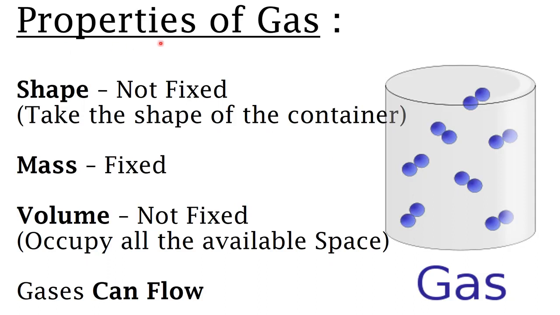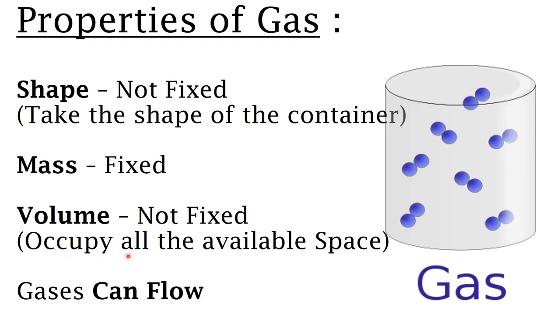Finally, properties of gas. Students, gases do not have a fixed shape. Like liquids, they also take the shape of the container in which they are kept. Mass, they do have fixed mass. Volume, their volume is not fixed.